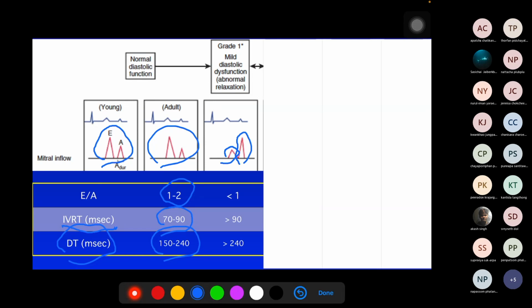This is grade 1 diastolic dysfunction, or abnormal relaxation. So the E/A ratio is less than 1. In this phase, IVRT is over 90 and the DT is slightly prolonged, over 240. This is grade 1 diastolic dysfunction.